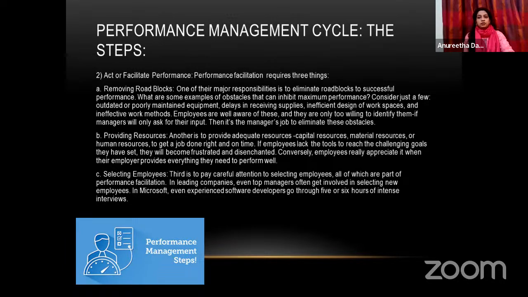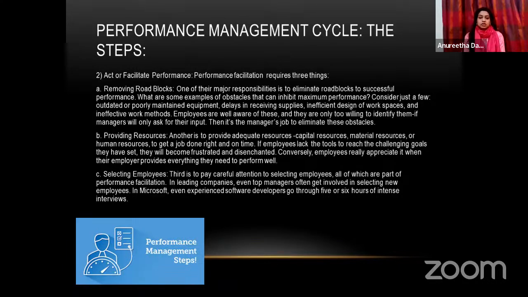How do you remove roadblocks? You need to address roadblocks such as outdated equipment, delayed supplies, inefficient design of workspace, and inefficient work methods. When you know that you have to improve maximum performance, you should be well aware and willing to identify where these problems lie, and managers will ask for input. Then it is the manager's job to eliminate these obstacles.